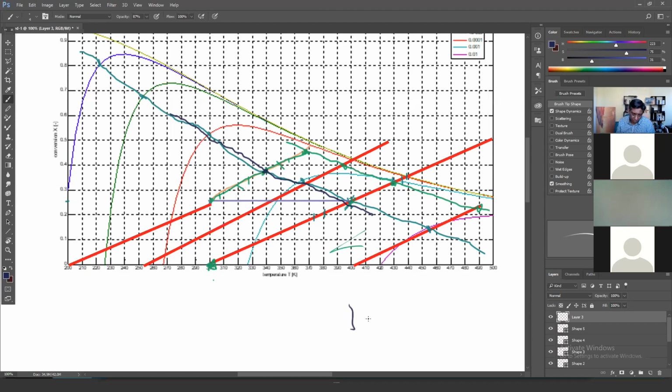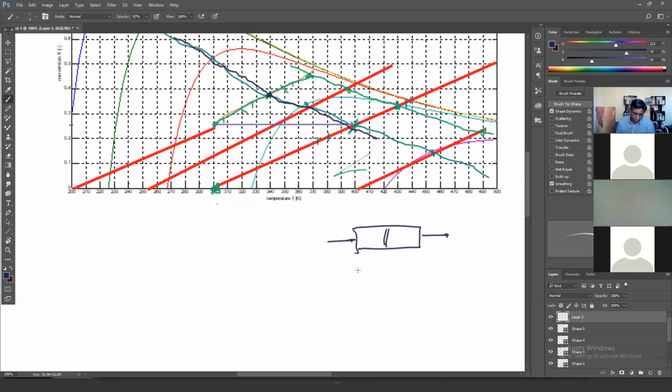Let's draw it here. So your PFR, and if we were plotting reaction rate across that PFR, then you would see something like this. Your rate would be going up.